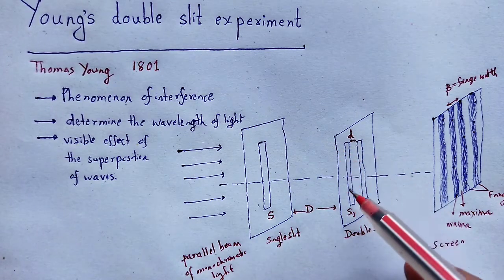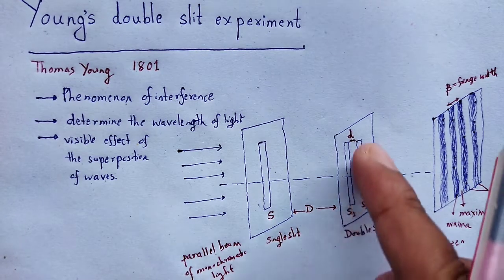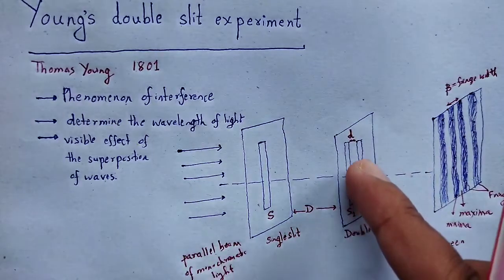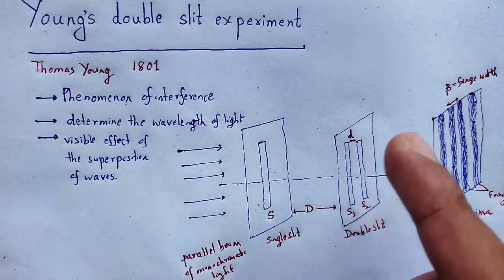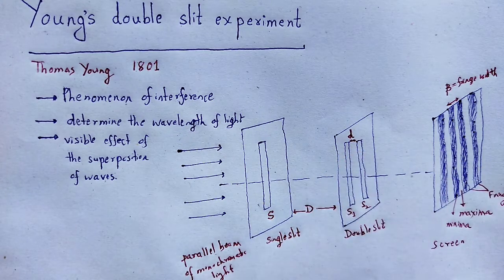So why do we obtain maxima or minima? Since we consider light as a wave, from source S1 there will be a wave, and from source S2 there will be another wave, and these two are coherent waves.